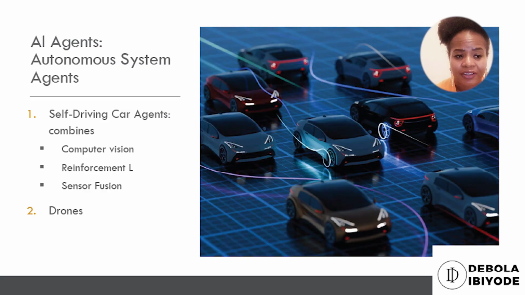A self-driving car in itself is an AI agent, and within that, it uses other agents like a computer vision agent, a sensory detection agent, and also a reinforcement learning agent.